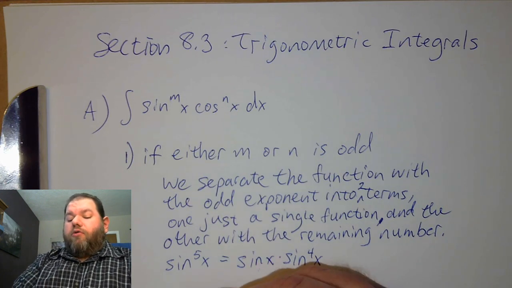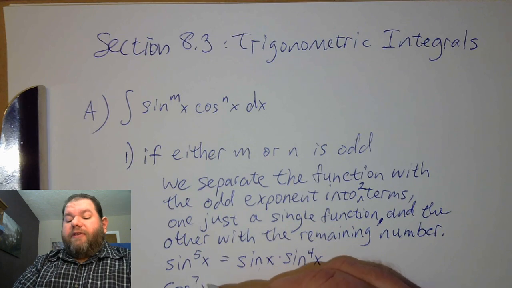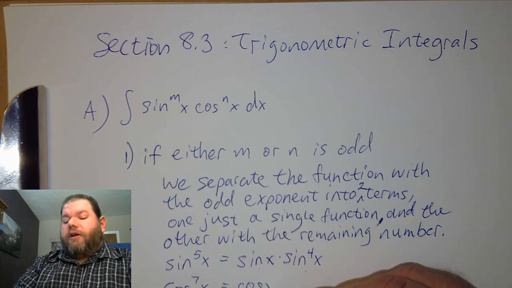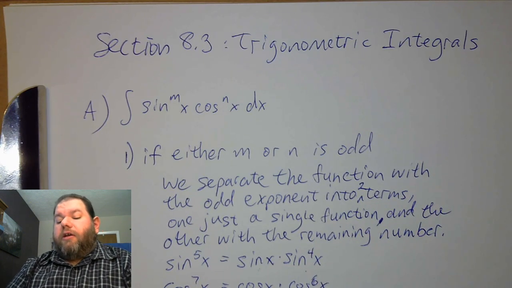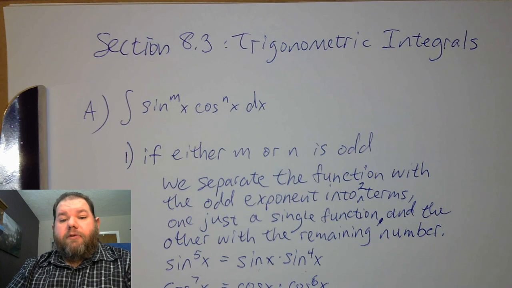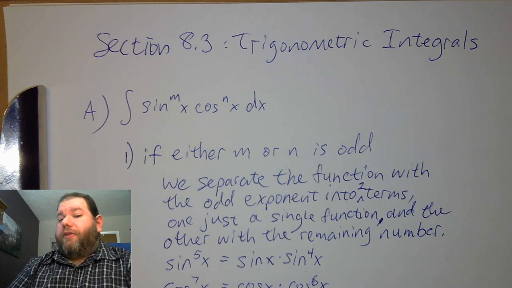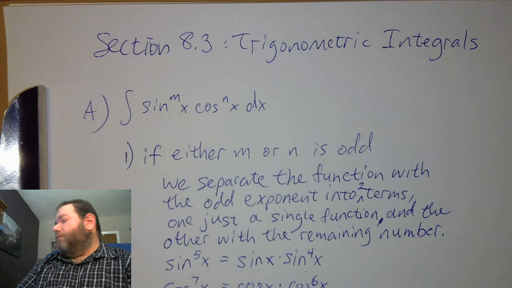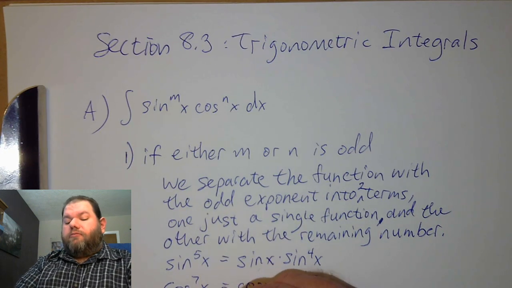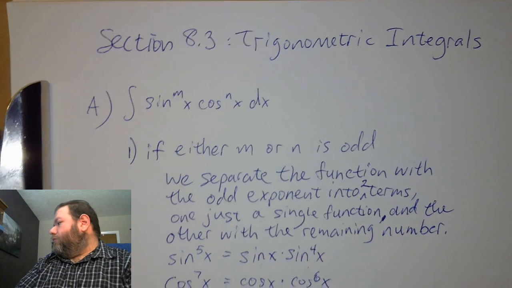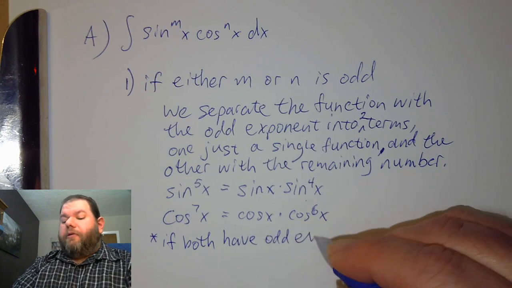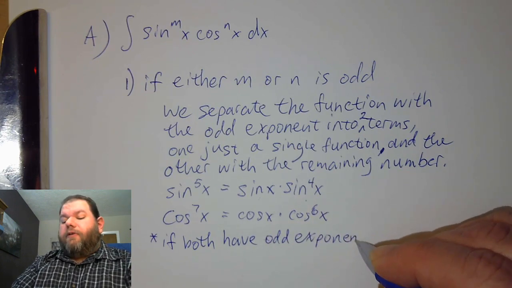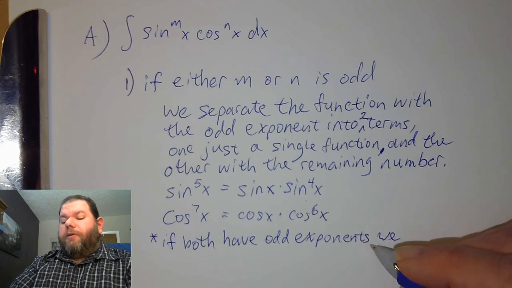Or if we had cosine to the 7th of x, we would say, okay, cosine x times cosine to the 6th of x. If both of them have odd exponents, we only need to do this to one term, not both.